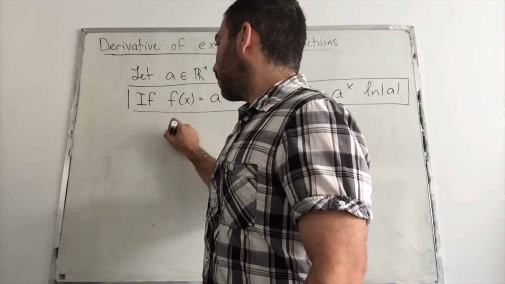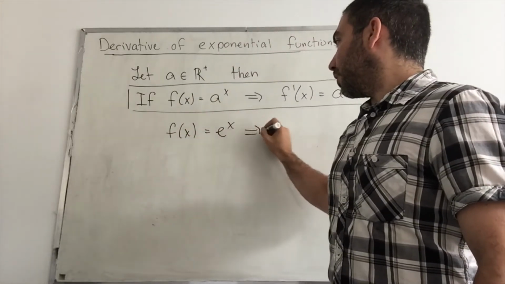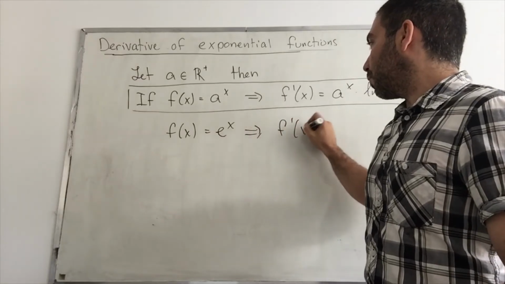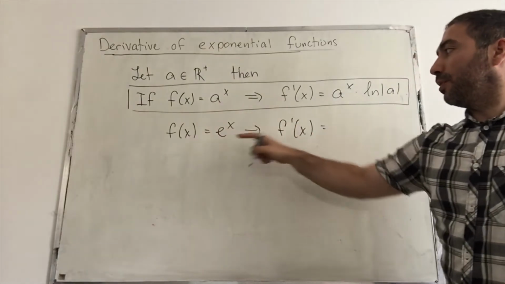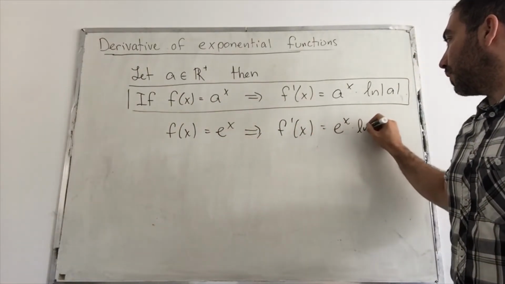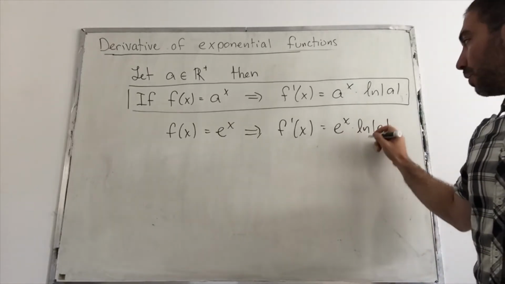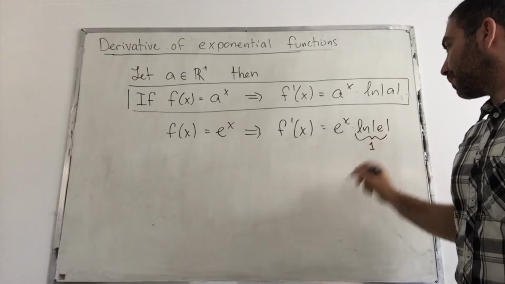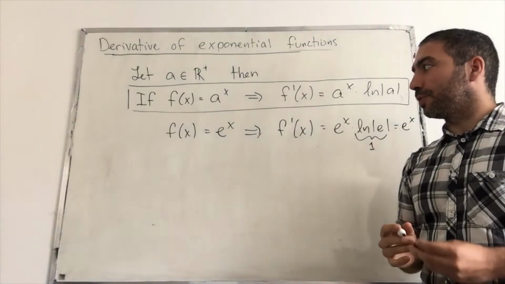This is a more general version, because if f of x is e to the x, this is consistent with what we just proved, because if we replace a with the number e, 2.718, we have e to the x times ln of e. And we know from our log properties that ln of e is just 1, which is e to the x, as we just proved.